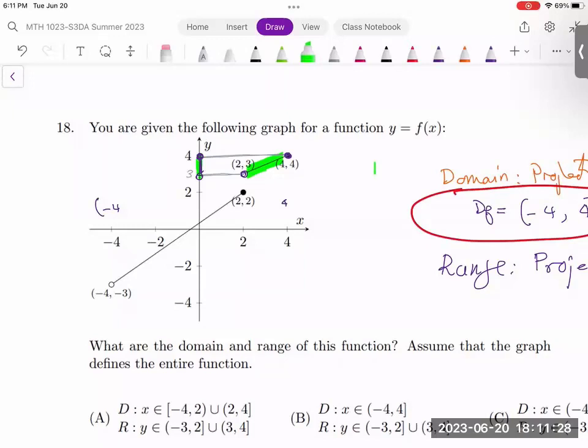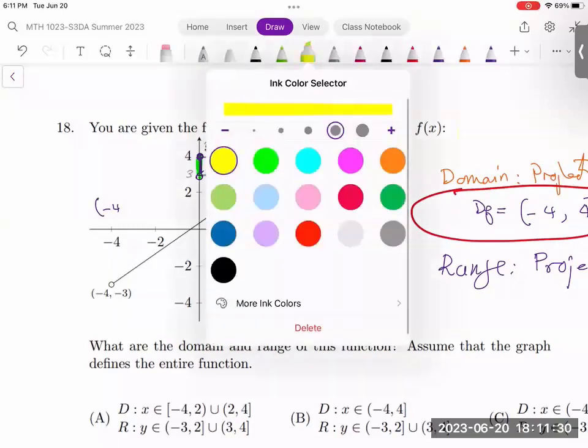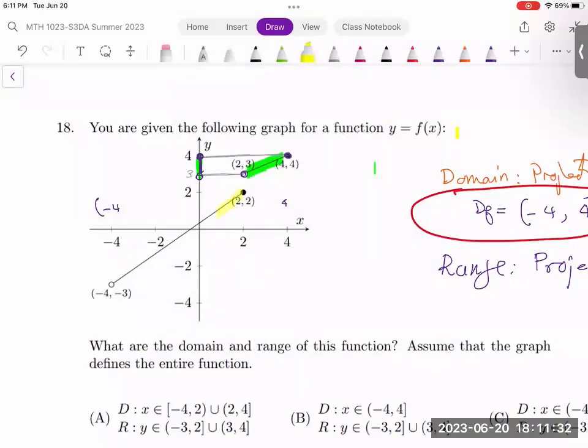I'm going to do the same thing with the other one, so let me change the color. This yellow part is going to be projected on the y. This point here is going to be projected here. This point is going to be projected here. This is -3 again. Let's do the same thing.